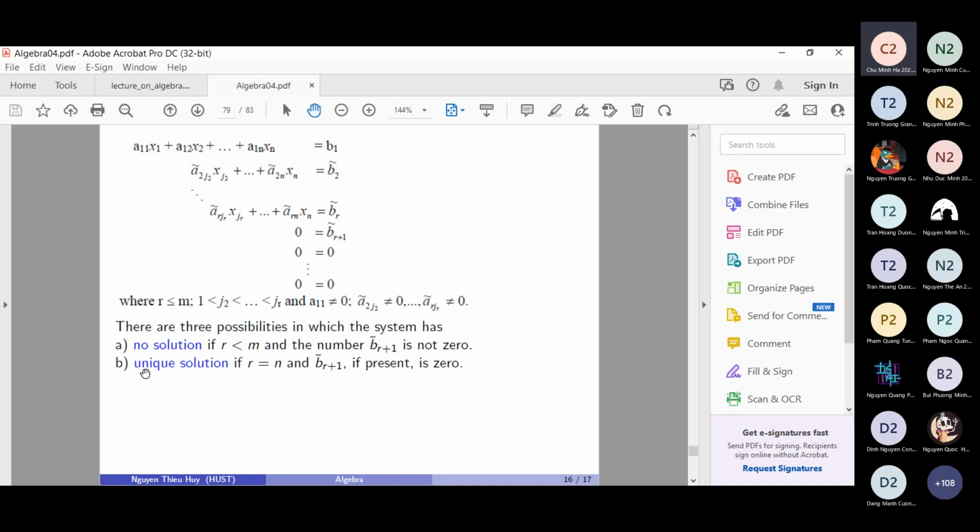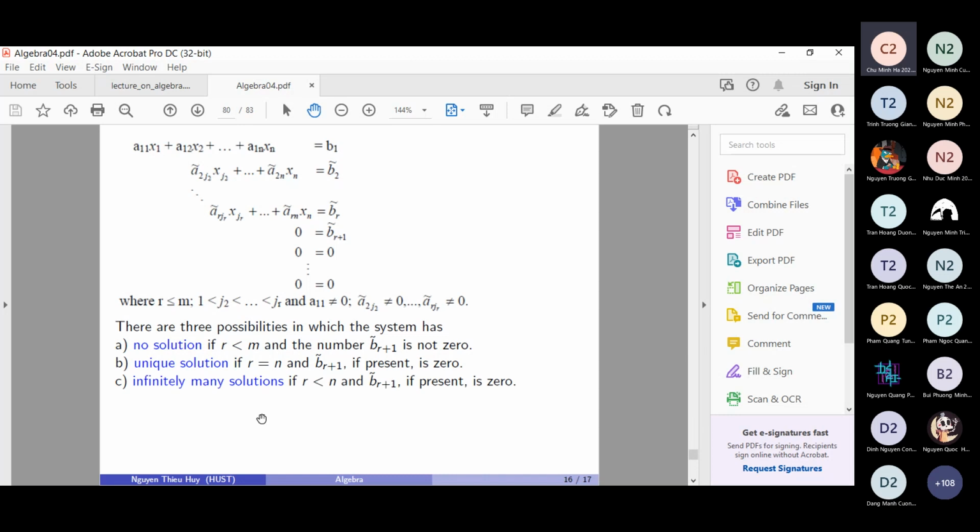Then it may have a unique solution: r is the number of equations, the same as the number of unknowns, and b tilde r plus 1, if present, should be zero, so that you obtain 0 equals 0 and there is no contradiction. So you obtain a unique solution because you can solve uniquely backwards.